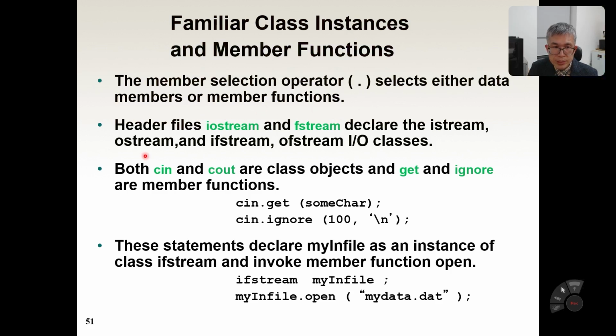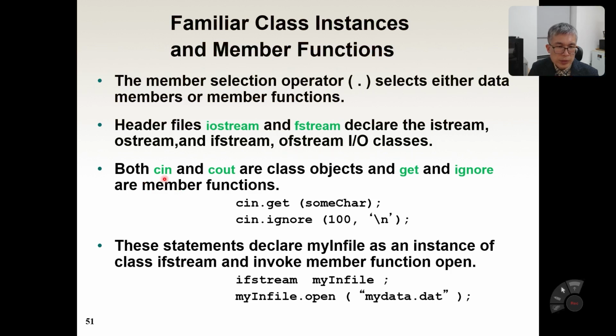The header files iostream, input output stream, and fstream, file stream, declare the input stream, istream, output stream, ostream, and the input file stream, ifstream, output file stream, ofstream, I/O classes.